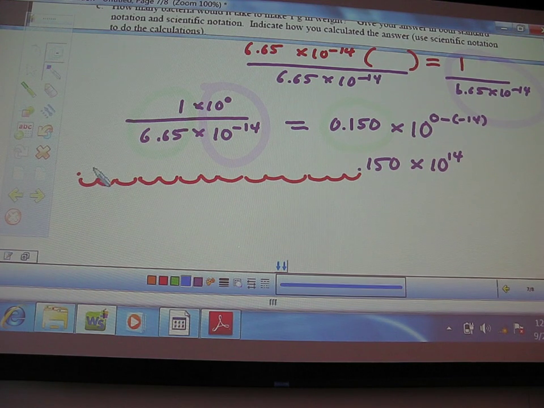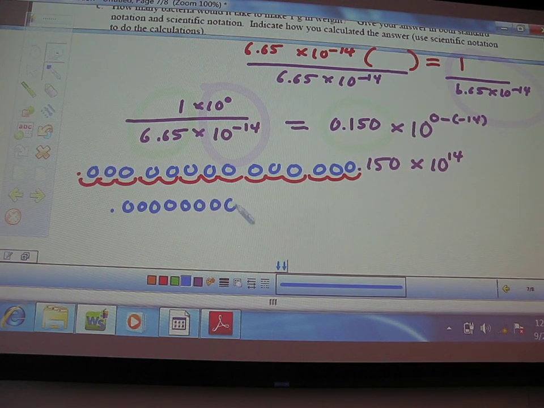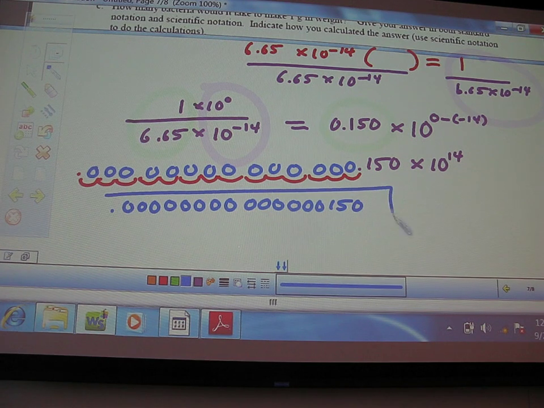Add in zeros to make up the difference. That's a lot of zeros. So in standard notation, it's 0.00000000000150. That's standard notation.